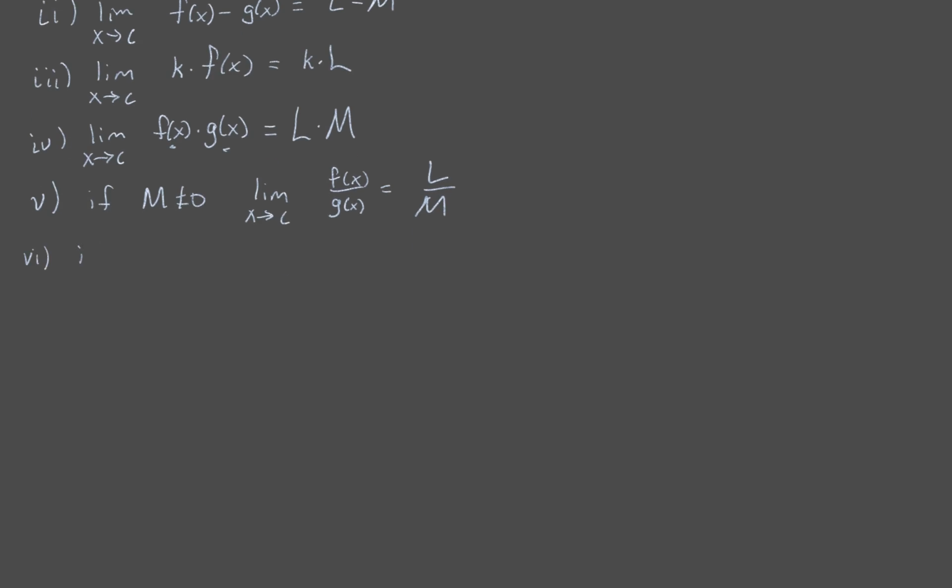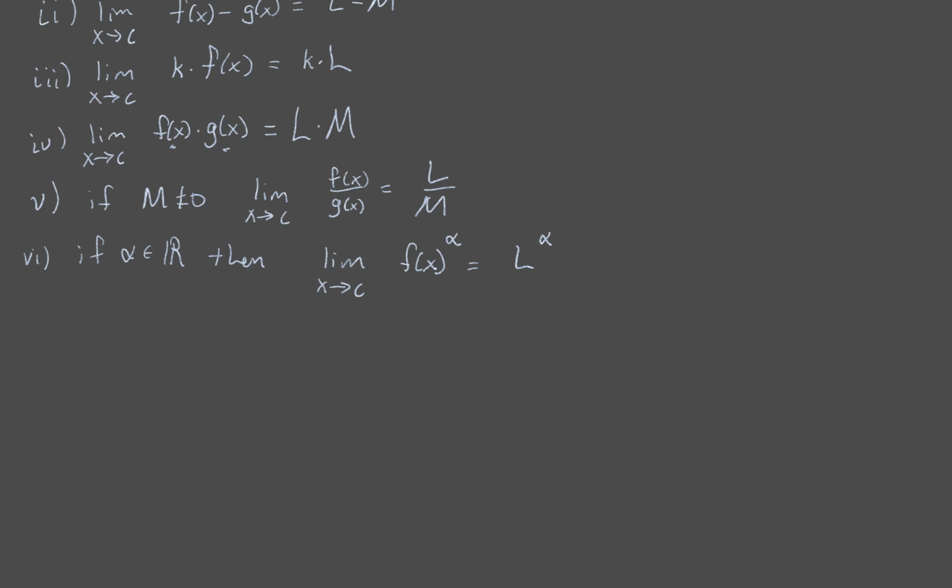So if n, let's call it alpha, is any real number, then the limit as x gets close to c of f of x to the alpha should be equal to L to the alpha.